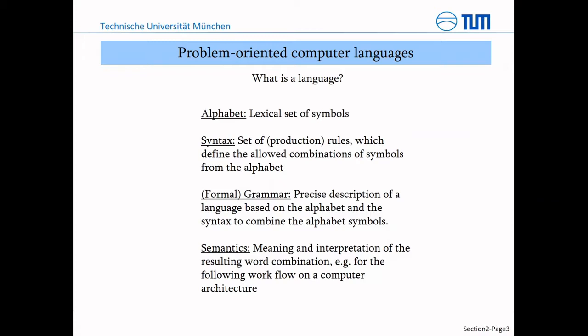And then there is another step. This is a big difference between syntax and semantics. Syntax just defines the formal correctness, but to understand or to interpret, we also have to understand the semantics, which is the meaning or interpretation of the word combinations.